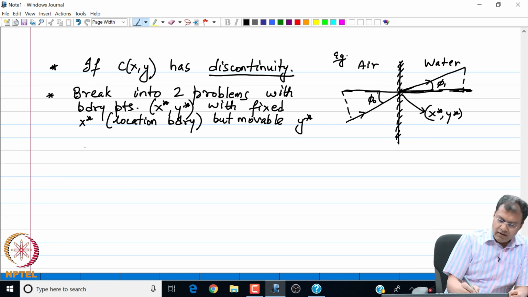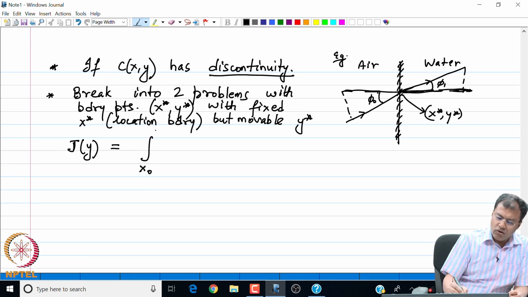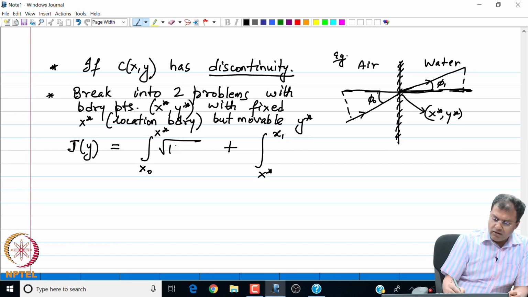So in that case my integral J of y, which was my time integral, can now be broken down into two integrals, one integral from x0 to x star, and the other integral from x star to x1, right, and in each of these integrals the path of the light is a continuous function. So we see that the integrand is square root of 1 plus y prime square dx divided by the speed of light.